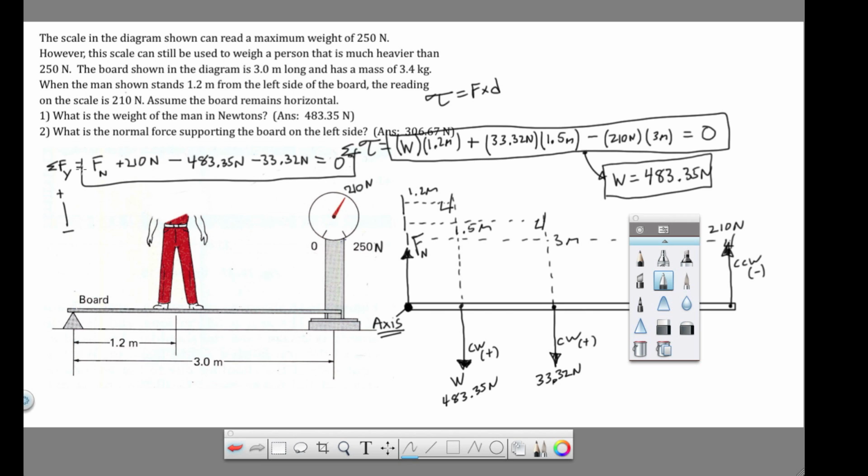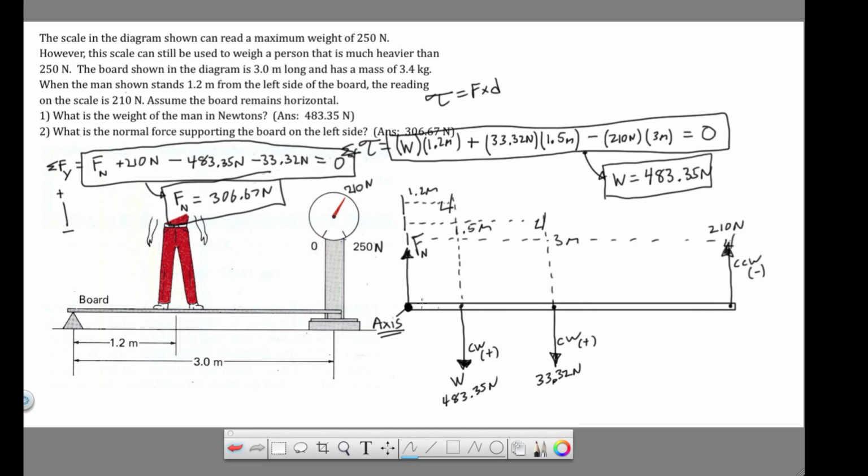So from this equation, the only thing missing is the normal force, which comes out as 306.67. And that is the normal force acting on the left side of the board. So the idea is that the total up force, we have two forces that point up. These two forces added together must be equal to the two down forces added together.